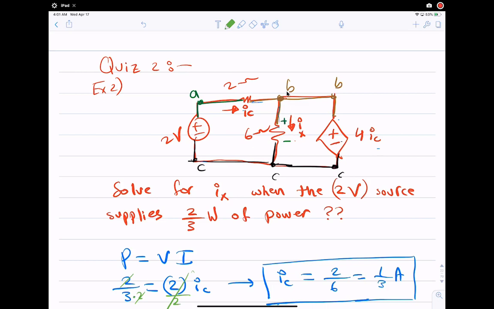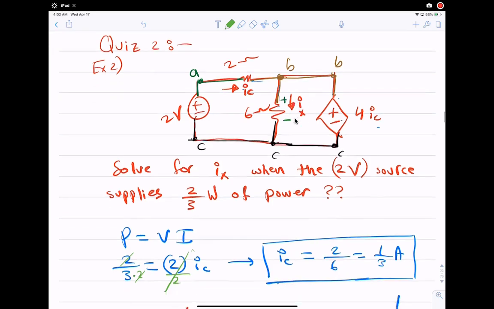Now, since the current is moving from a high to a low potential, is this correct? Does this ring any bell? Yes, it says that this resistor is absorbing power, the current is moving from a high to a low potential, and this is correct. So I would anticipate the current would have a positive sign.